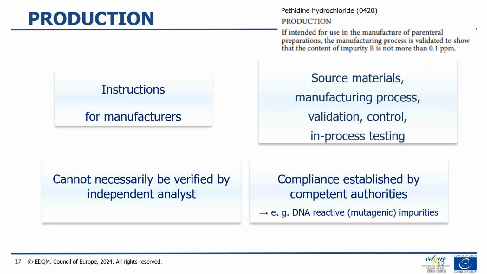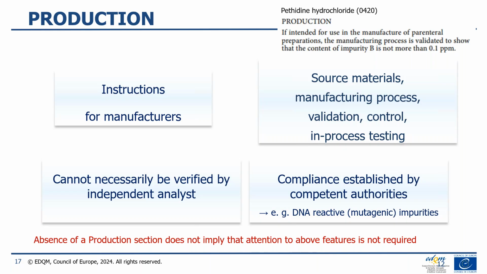This section cannot necessarily be verified by an independent analyst, and its compliance is established by competent authorities, either by inspection or through the examination of data. This is the place where in some monographs you can find information about the control of DNA reactive impurities. Please remember that the absence of such a section in a monograph does not imply that attention to the above features is not required.